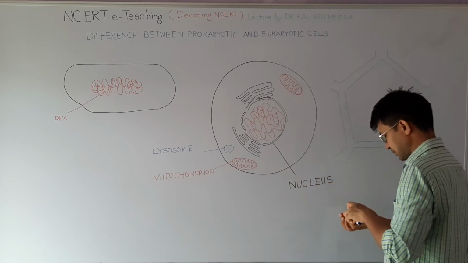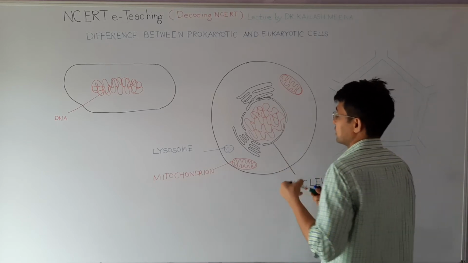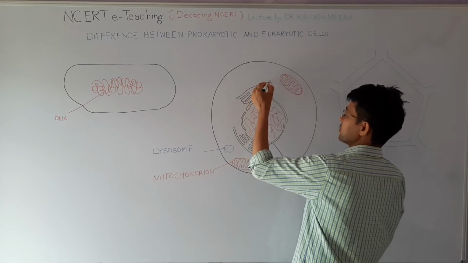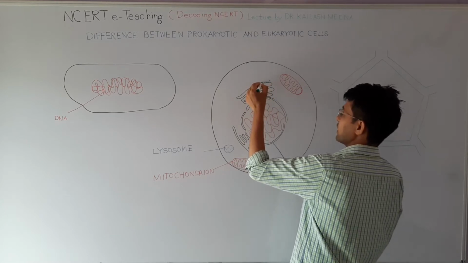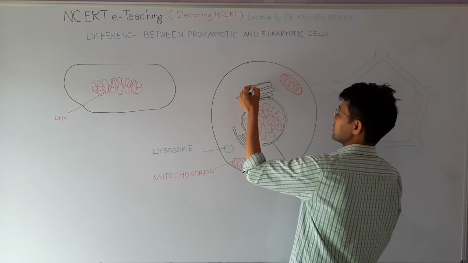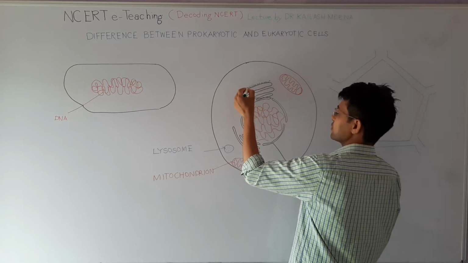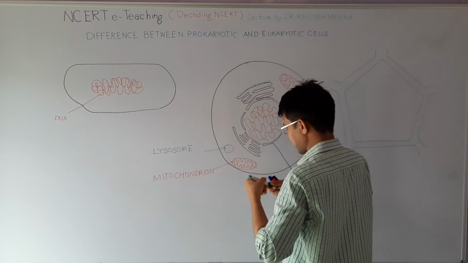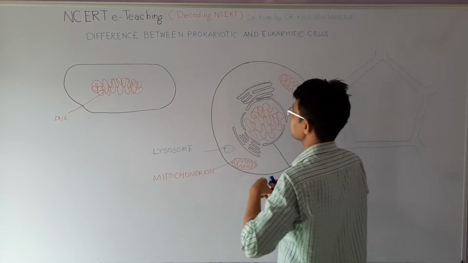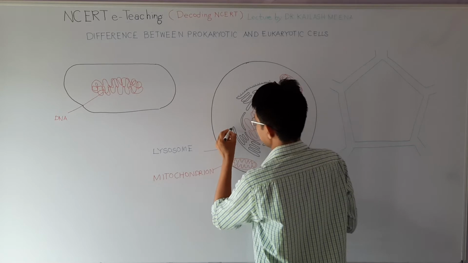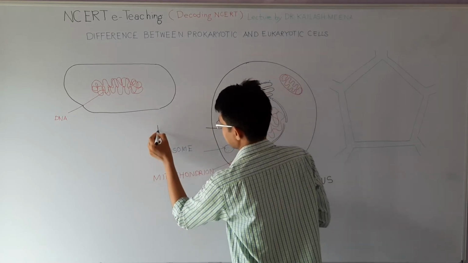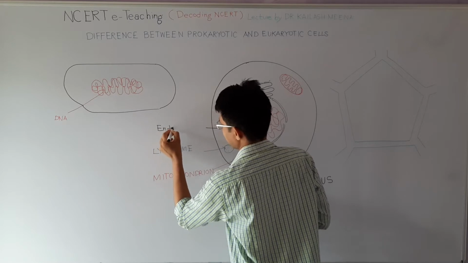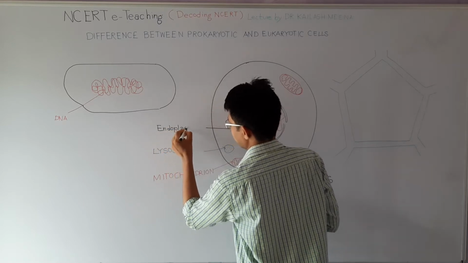It has this extended membrane of the nucleus, a membrane bound structure, which is called endoplasmic reticulum. It is a slightly difficult name for beginners, so I will write ER, endoplasmic reticulum, in short.